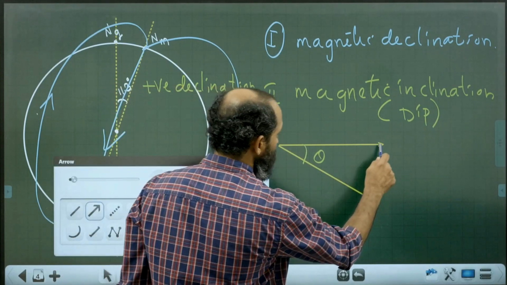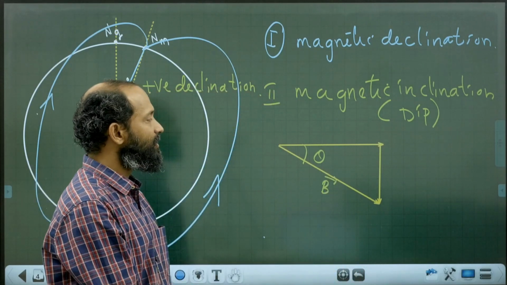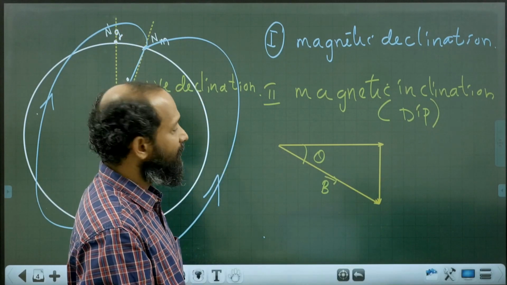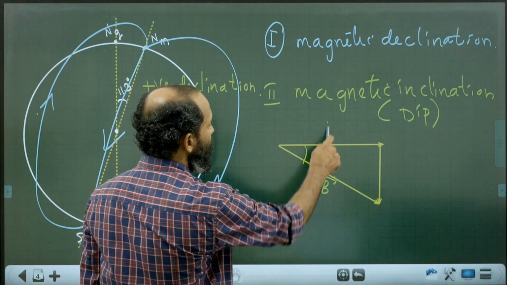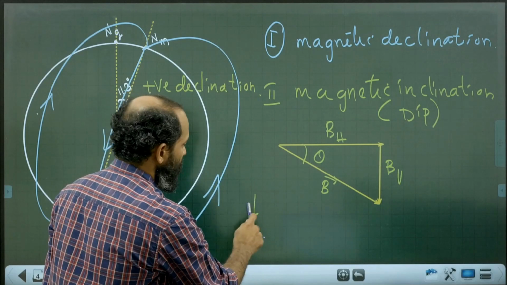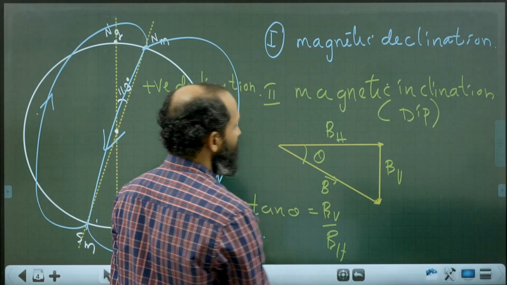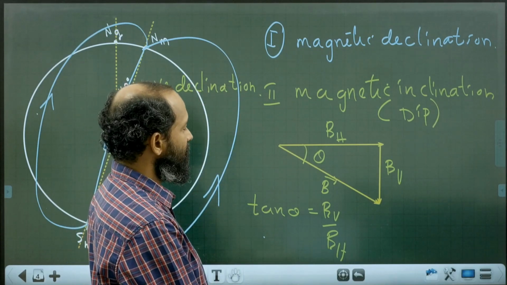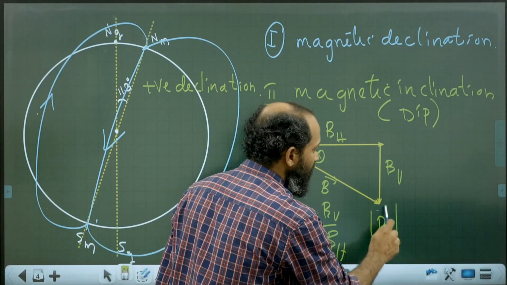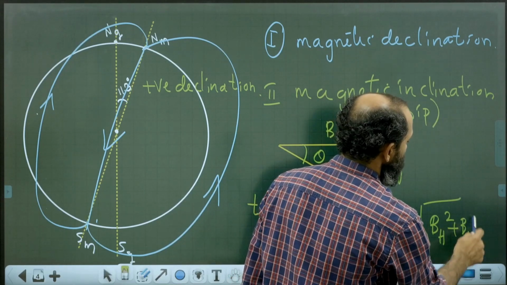Here, the resultant field would be this hypotenuse, and that is the direction of the inclination. The magnet is inclined along the resultant field, and you can resolve it into rectangular components BH and BV. So tan theta equals BV by BH, sin theta equals BV divided by B, cos theta equals BH by B. The modulus of the resultant magnetic field is given by root of BH square plus BV square.